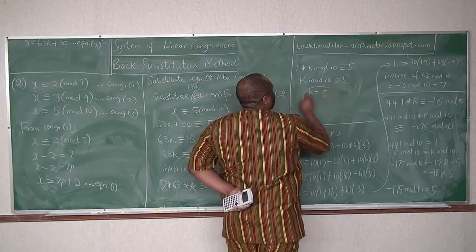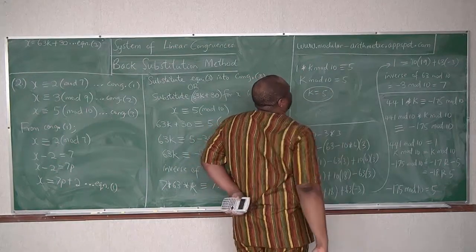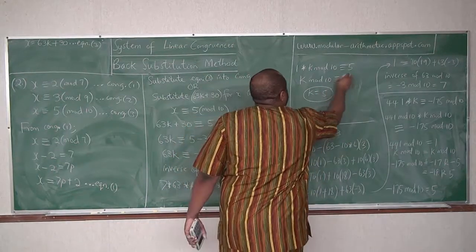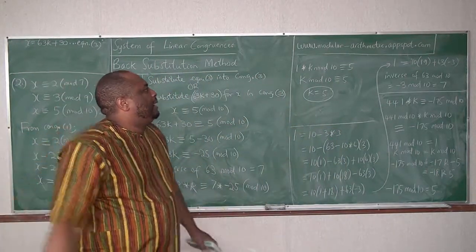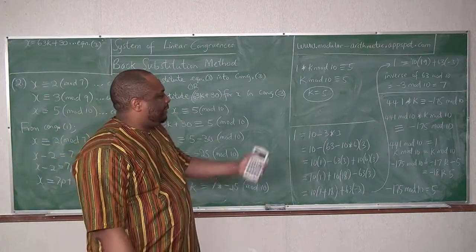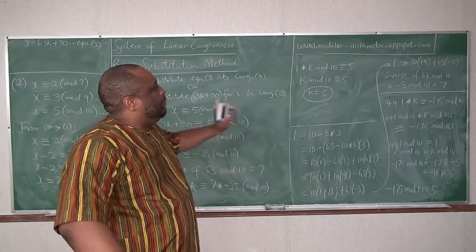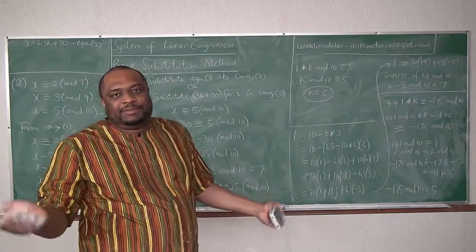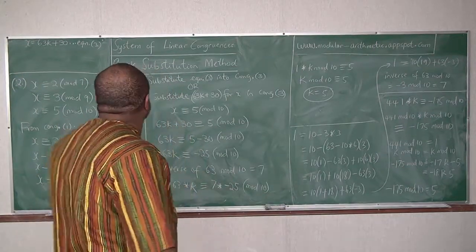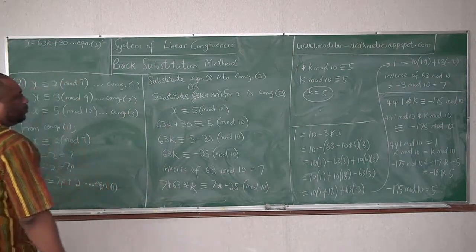K mod 10 is equivalent to 5. 5 mod 10 is 5. So k is 5.